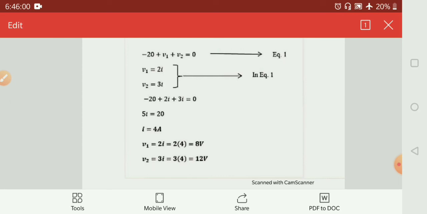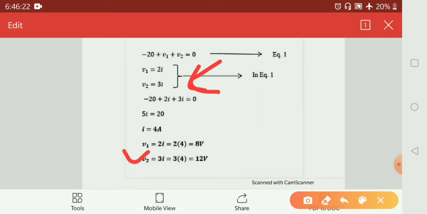So we can write that 5I equal to 20 volt. And by this we find I equal to 4 ampere. If we put the value of I in this equation, we find the value of V1 is 2 into I. Here I equal to 4 ampere, 2 into 4 equal to 8 volt. And the same way V2 equal to 12 volt.